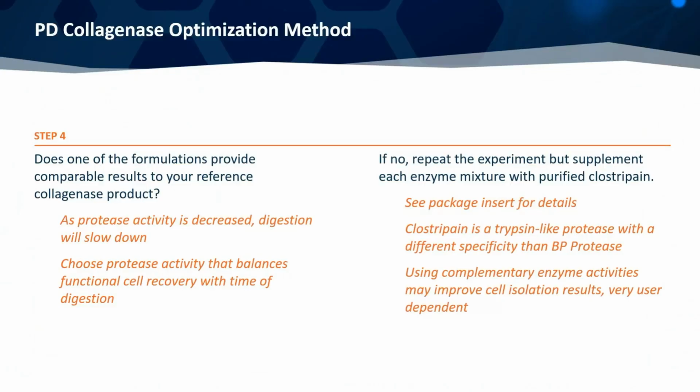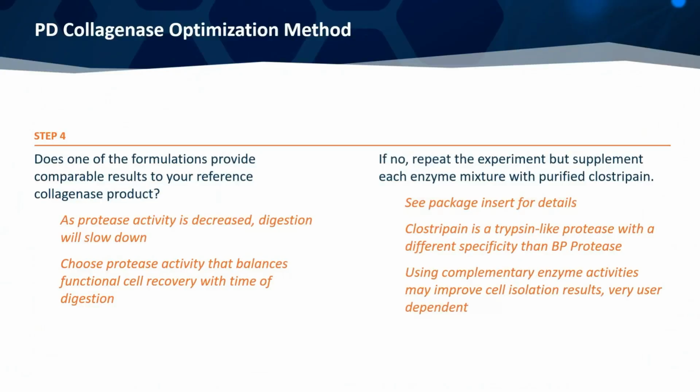If it doesn't work, and we've found this, you may have to supplement the enzyme mixture with purified clostridium. I'm not going to get into this today, but you can see our clostridium pack insert for details. The reason you may have to add clostridium is it has a different selectivity than the BP protease. It's a trypsin-like protease.